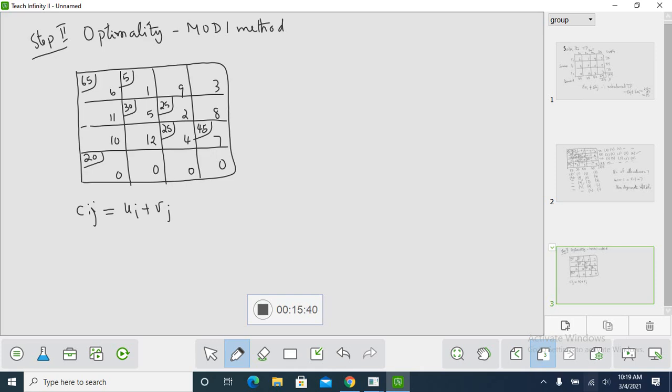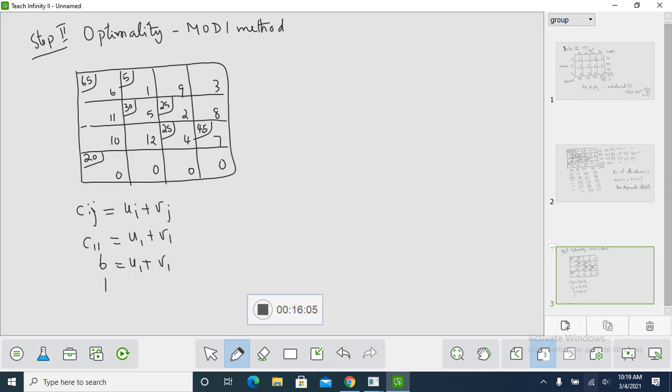Cij equal to Ui plus Vj for the what cells? Allotted, allocated cells. So I need to find my C11. My C11 equal to U1 plus V1. What is my C11? C11 value is 6. So I have 6 is equal to U1 plus V1.